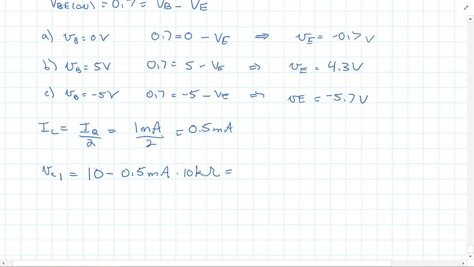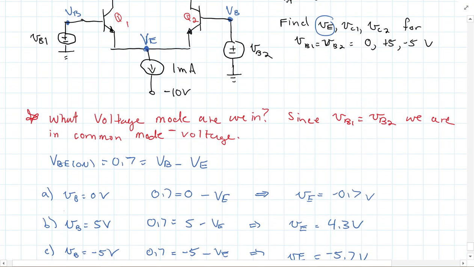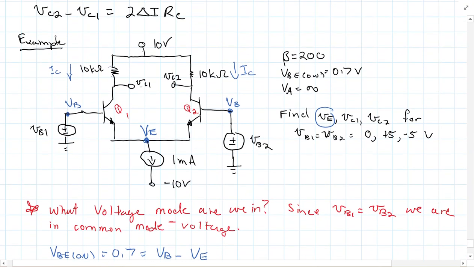Which would get me 5 volts. Now this is what VCE is. Now that's VC1. So this is at positive 5 volts, and this is at positive 5 volts.